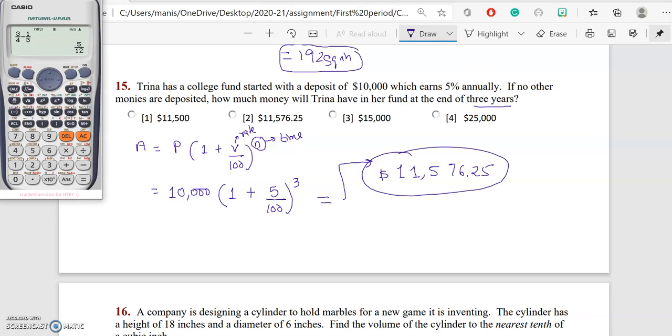So let me show you in your calculator. This is my $10,000 over here. Let's start from the beginning. 10,000, and open a parentheses. I'm using 1 plus, and I have to use a parentheses over here, 5 over 100.